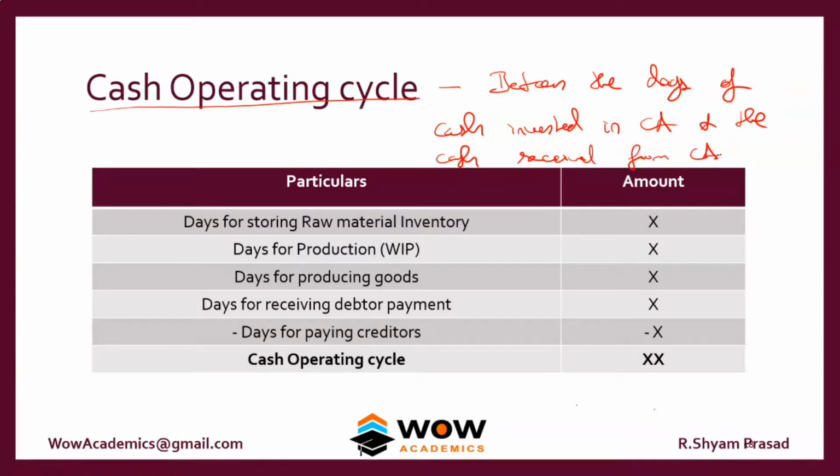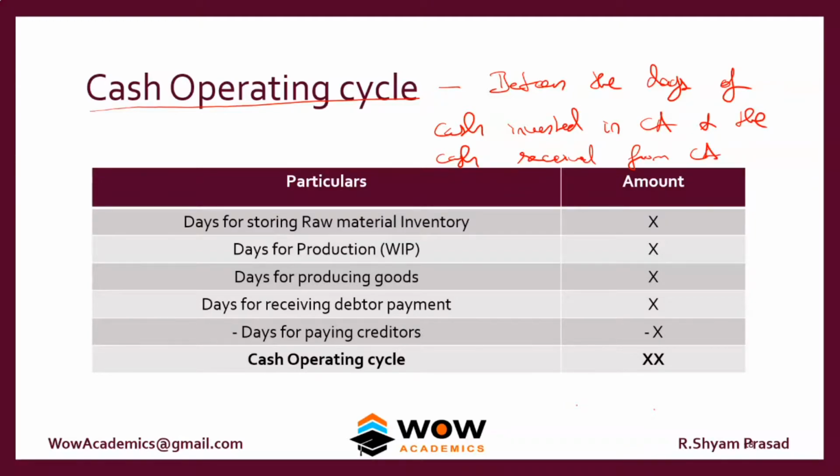Okay, so cash operating cycle tells you what is the difference between the day in which the cash has been invested in the current asset, and the day on which the cash has been received from the current asset.